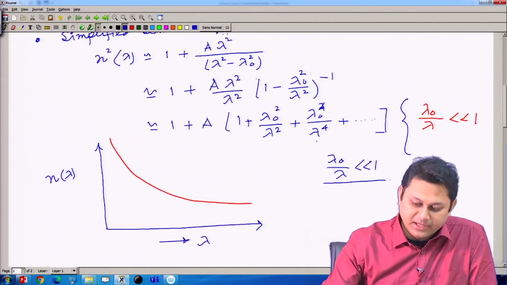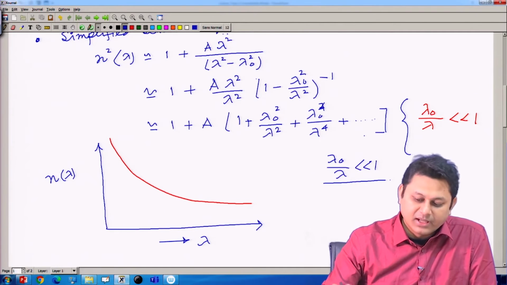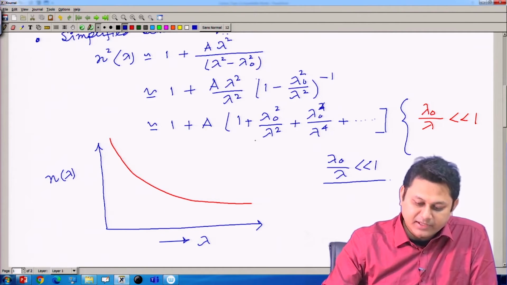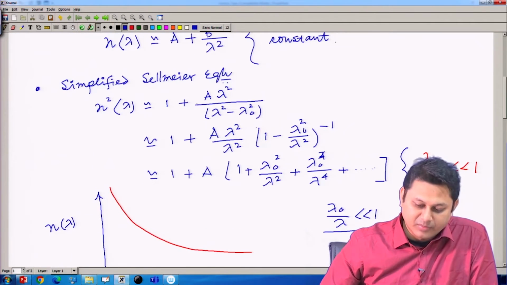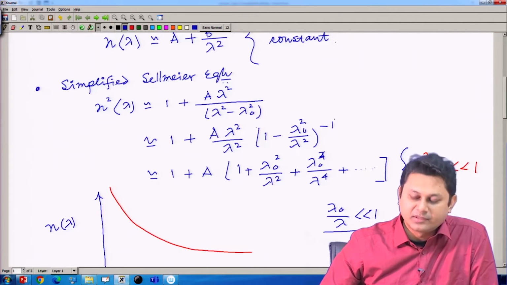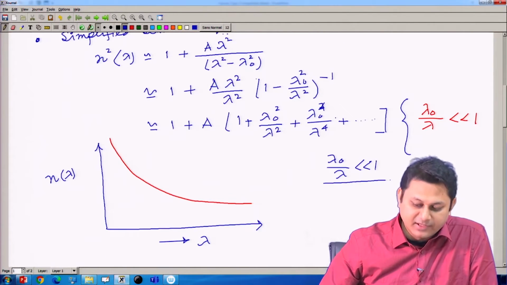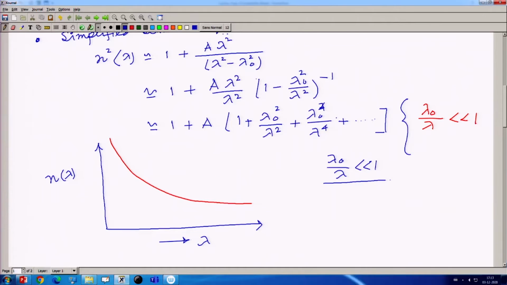There are many other terms like lambda to the power 4, and you can see that this simplified expression of the Sellmeier equation, under the condition that lambda 0 divided by lambda is very less than 1, can merge to the Cauchy's equation.